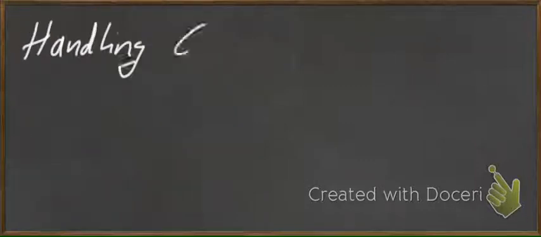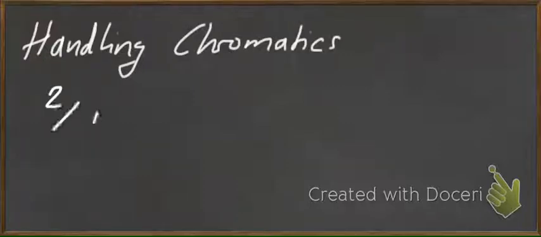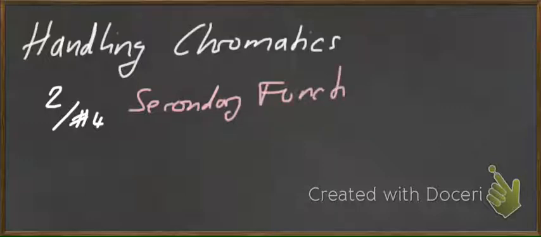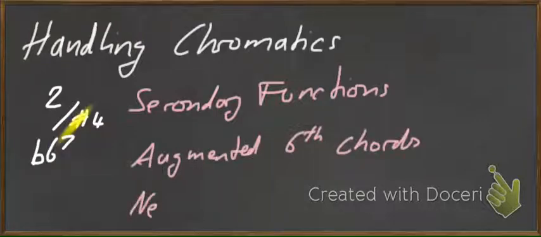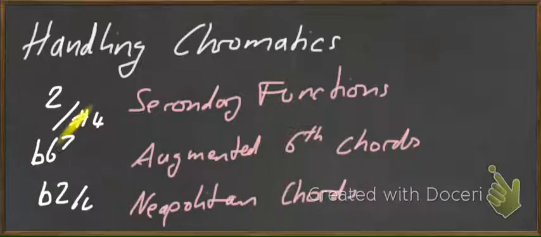Moving on to handling chromatics. We see here that secondary functions, as written in an inversion, have to indicate the altered pitch, again in relationship to the tonic. This is a sharp 4. Augmented 6 chords are just written like this. Flat 6/7 and Neapolitan chords are written like this. Flat 2/4.